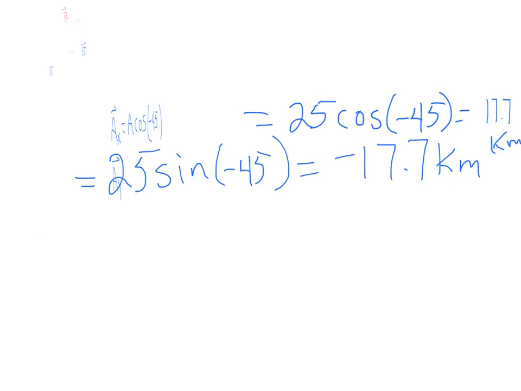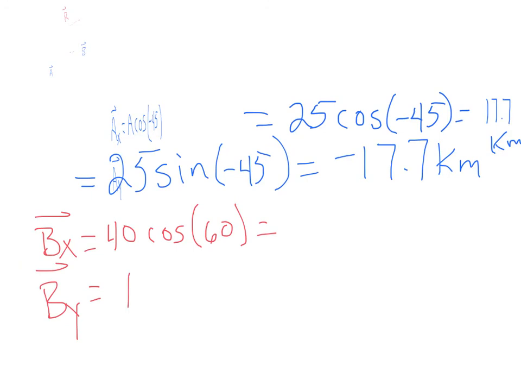Now let's look at B. B sub x is going to be, and once again we have to check, are we measured from the positive x-axis, and our angle is actually above the x-axis, so we're good. So this is going to be 40 times cosine of 60, and B sub y is going to be 40 times sine of 60.